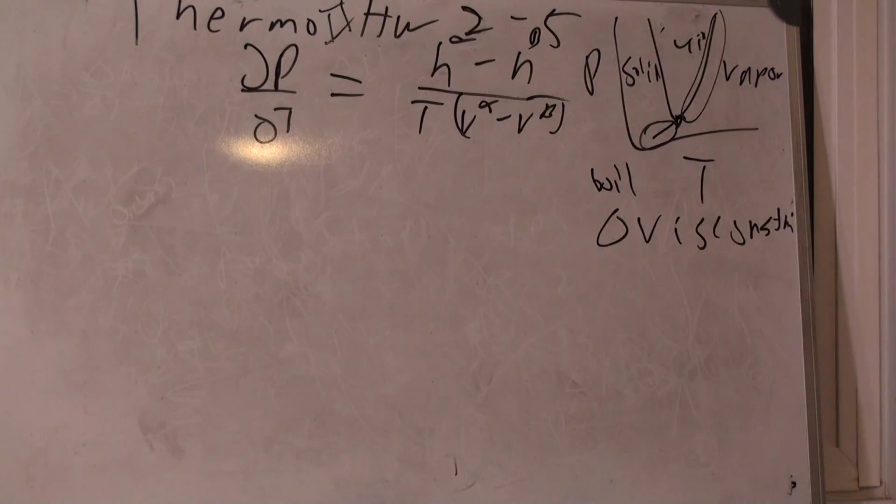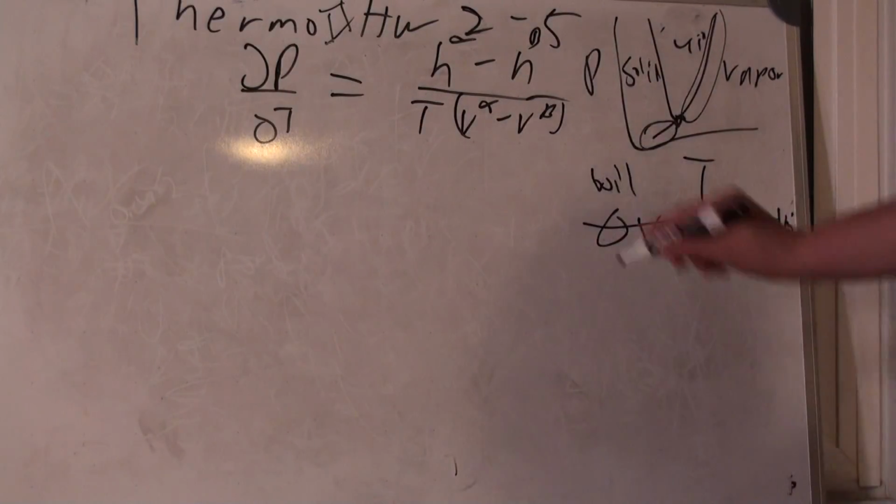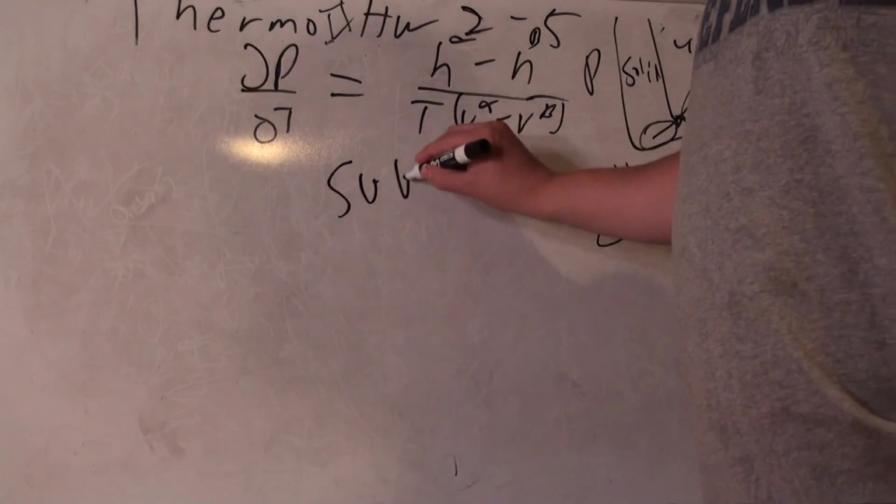Is the change in volume from a liquid to a vapor constant with changing temperatures and pressures? No, not even close. Why? Because there's a vapor. And if I think about the sublimation case, it's the same thing.